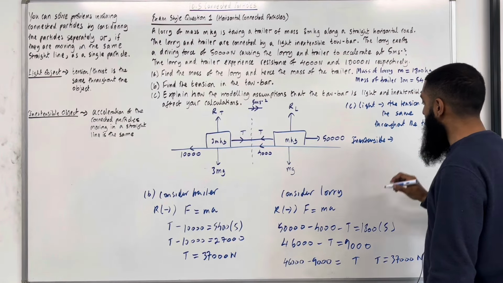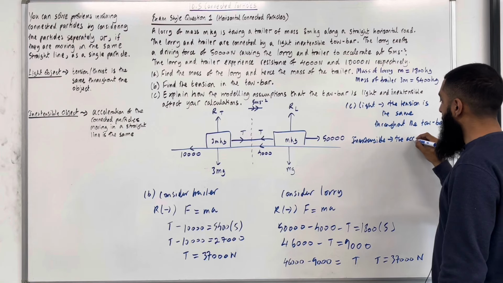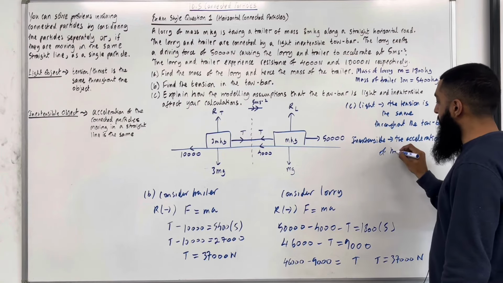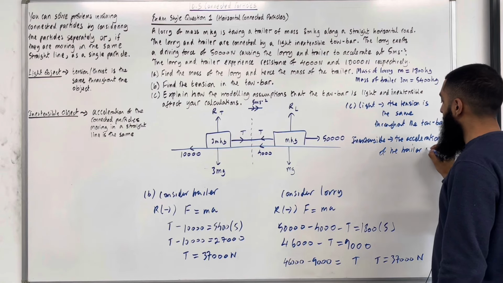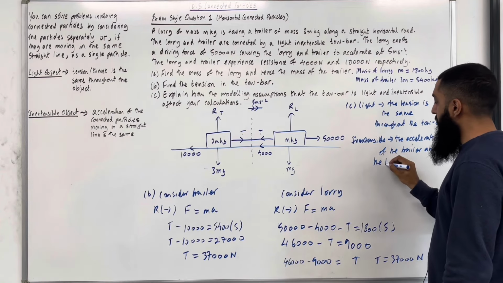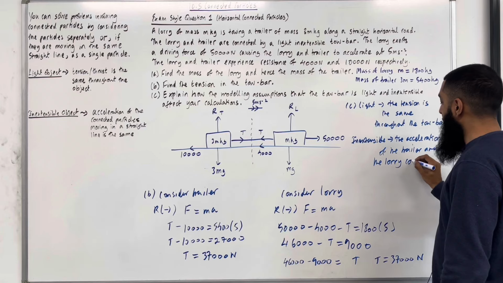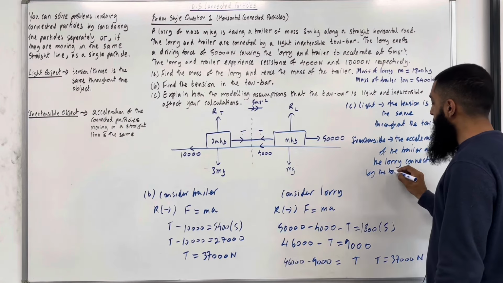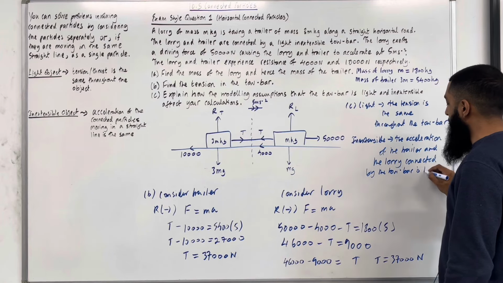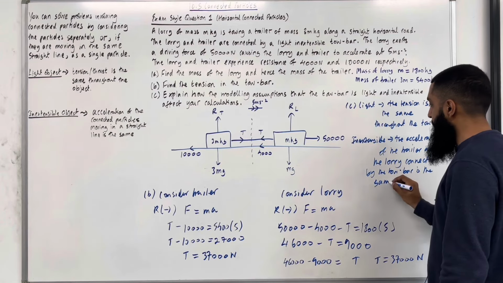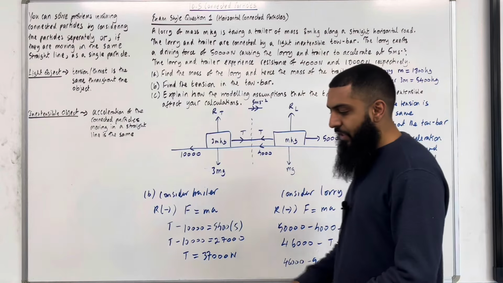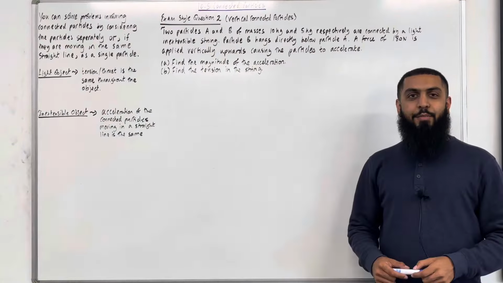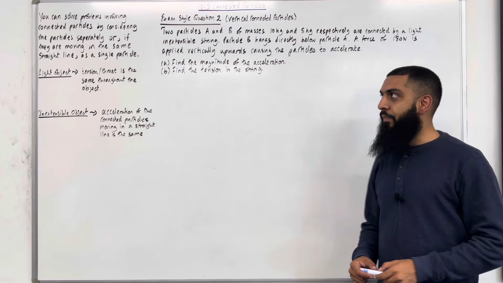The modeling assumption is that the acceleration of the trailer and the lorry connected by the tow bar is the same. And that there completes exam style question 1. Moving on to exam style question 2.